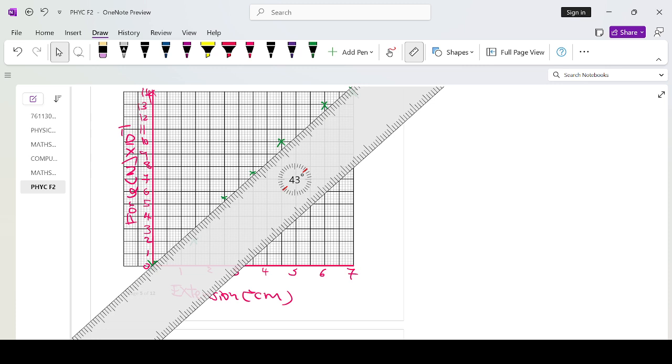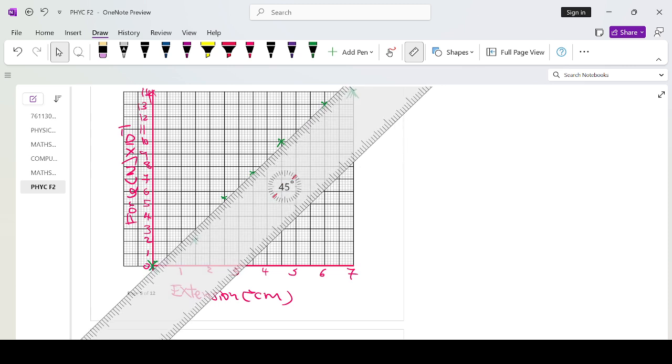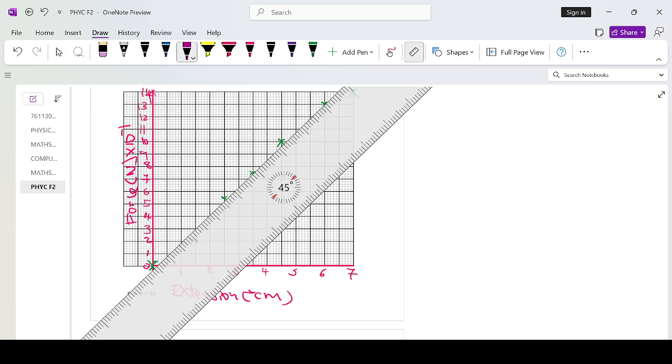Let me see. I think that one can be better. Wonderful. I think now this one is well positioned. Let me draw using this one.